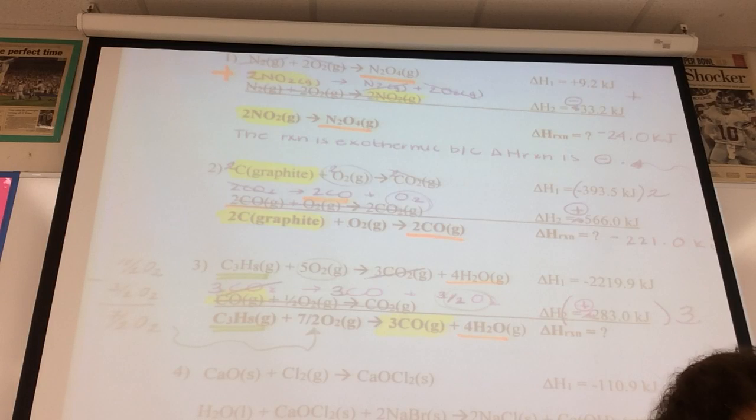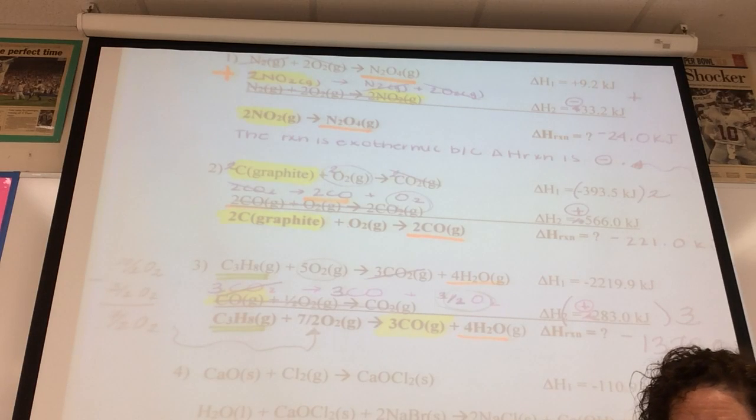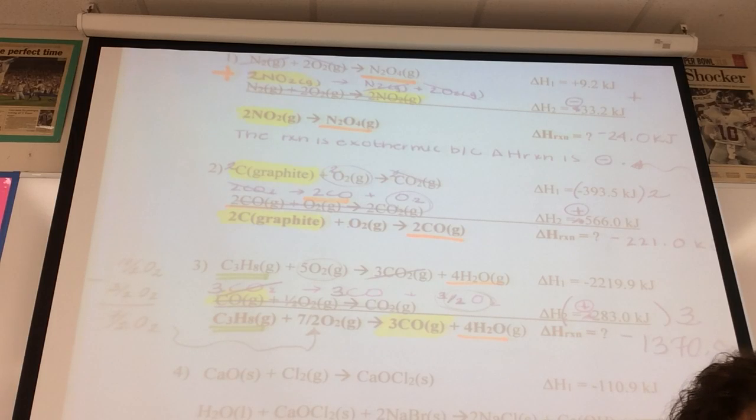So we have negative 2219.9 plus 3 times 283, and that is negative 1,370.9 kilojoules, an exothermic reaction because delta H is negative, which is consistent with this combustion reaction, even though you only make carbon monoxide instead of carbon dioxide, probably because oxygen was in limiting supply.